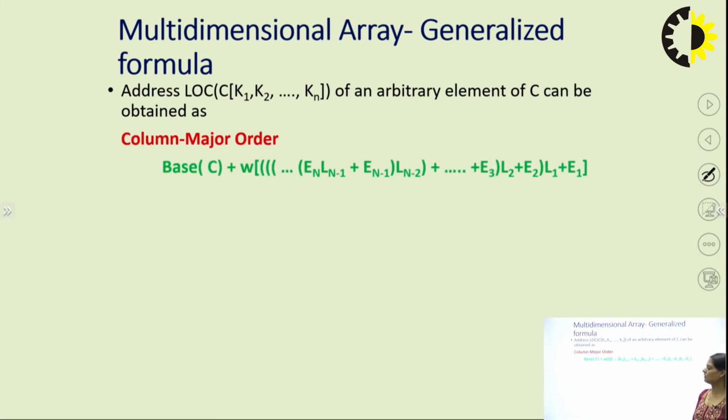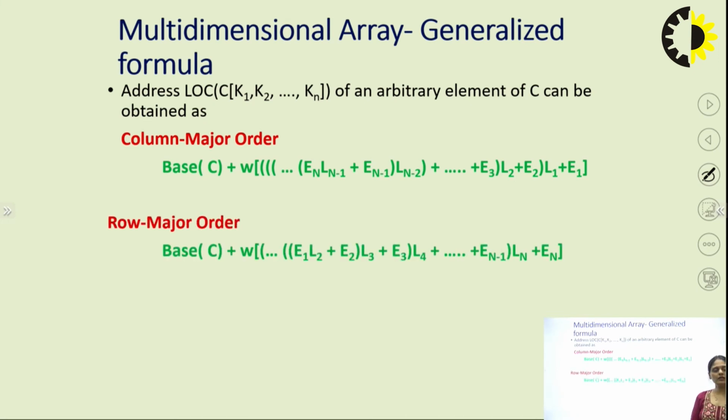We can obtain the address if the array is stored in column major fashion using this formula, and if it is stored in row major order, then we can use this formula for finding the address of the element of array C having the index numbers k1 to kn.